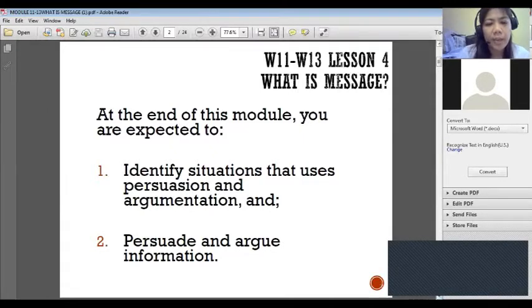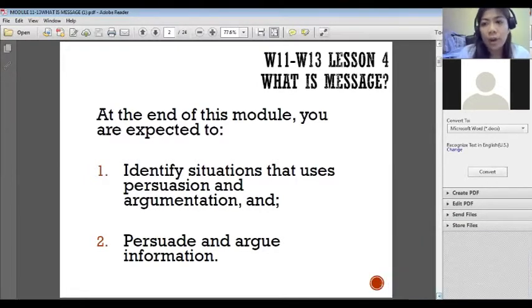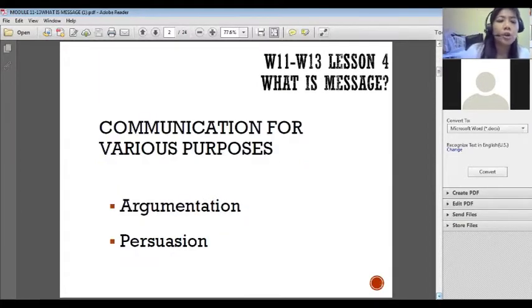And we also have persuade and argue information. You have to persuade the audience. How could you do that? You could do that if you present your major arguments. And when you present your major arguments, do not forget to support them with facts, with factual information.